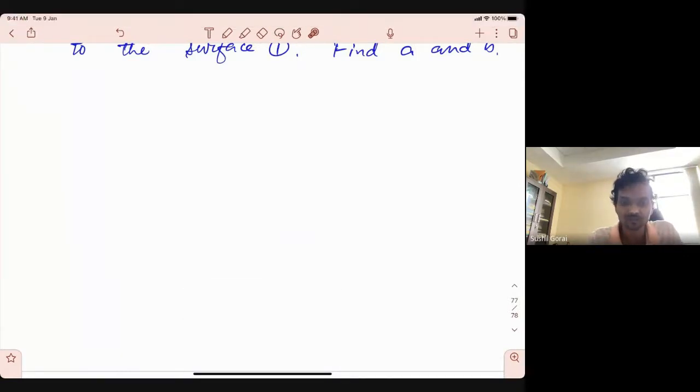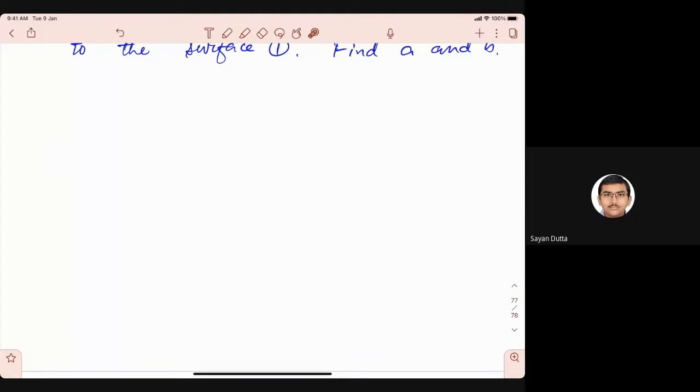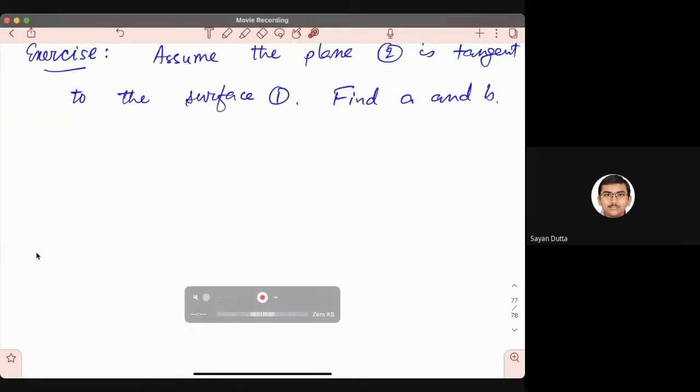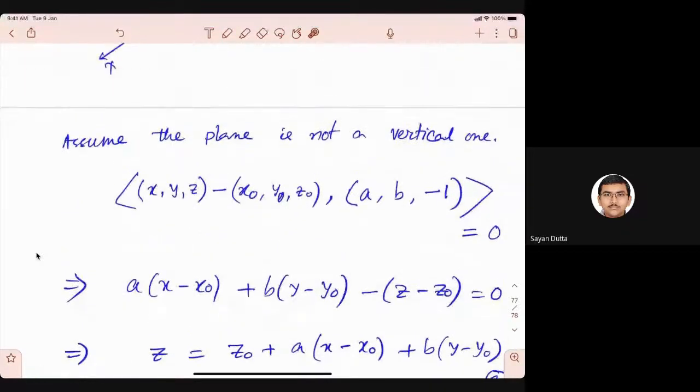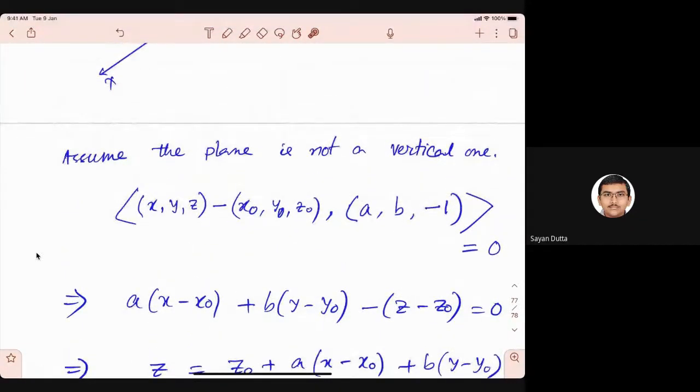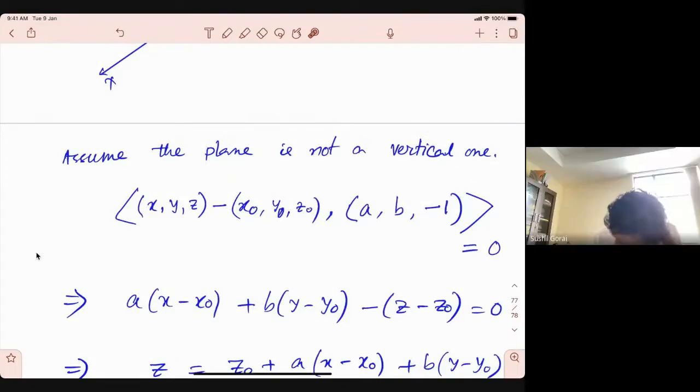Just a small question. A and B in the equation you wrote, a times x minus x naught plus b times y minus y naught plus, let's say, c times z minus z naught. Here a, b, c play the role of direction cosines, or direction ratios, right? That is true, but direction cosines of what?